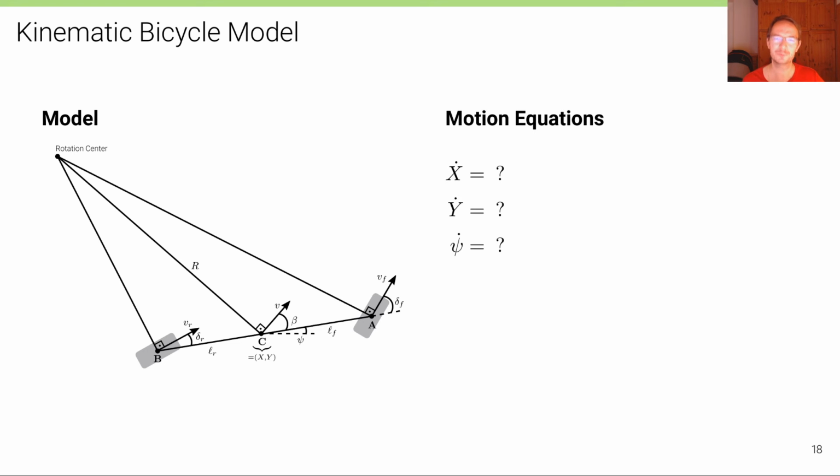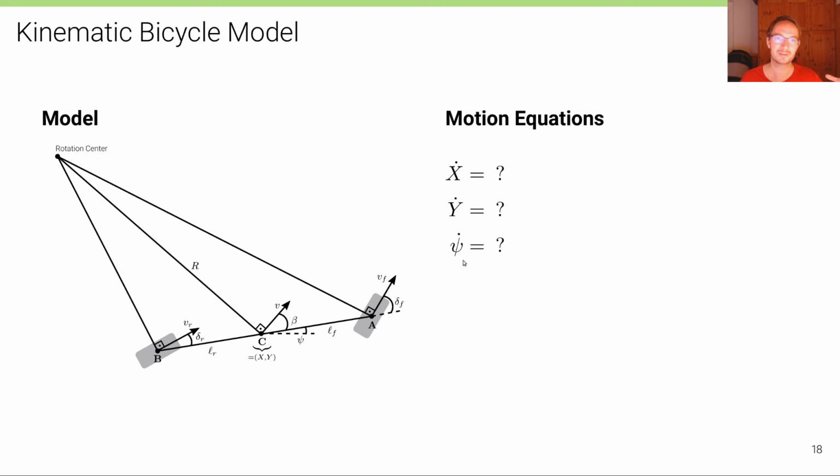So what does this mean? What do we need to derive actually? Well, we want to derive the motion equations. We want to know how the vehicle moves and rotates over time. So what we want to know is the time derivative of the location of the vehicle, the location with respect to the inertia frame. We want to know the time derivative of the location of the vehicle, and we want to know the time derivative of the heading angle of the vehicle, which is also called the angular velocity.